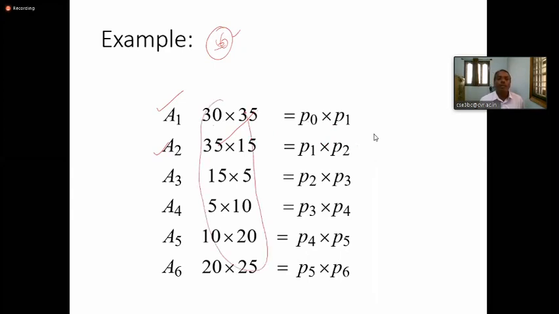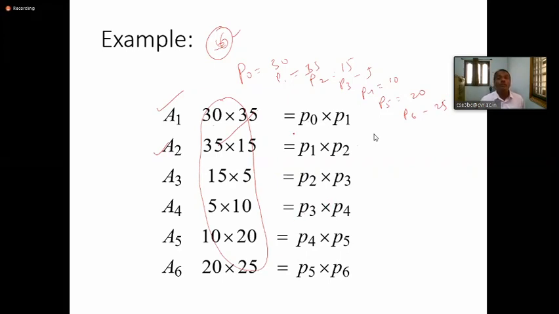Finally, in your examination, they may ask you which is the efficient matrix multiplication sequence for P0 equal to 30, P1 equal to 15, P2 equal to 35, P3 equal to 5, P4 equal to 10, P5 equal to 20, P6 equal to 25. Like that they may give you.